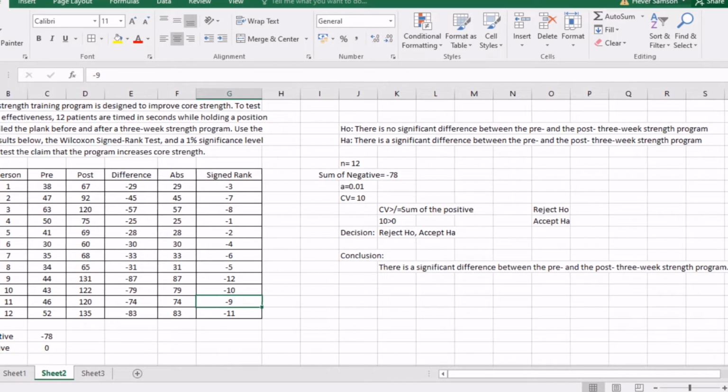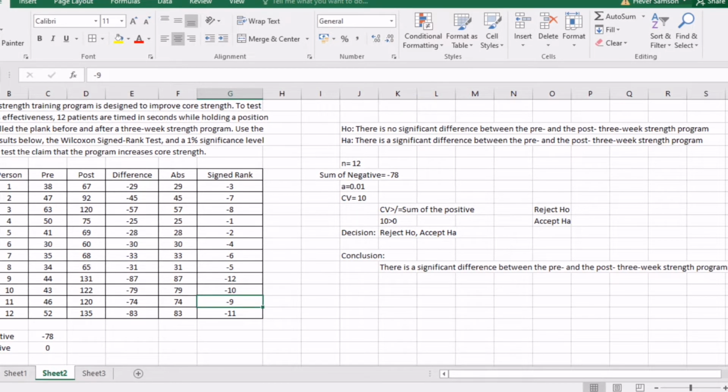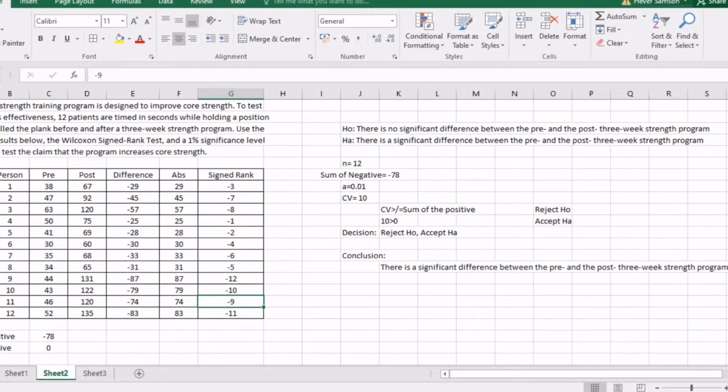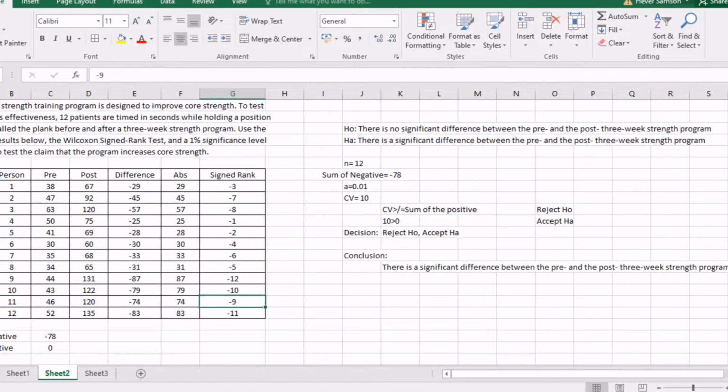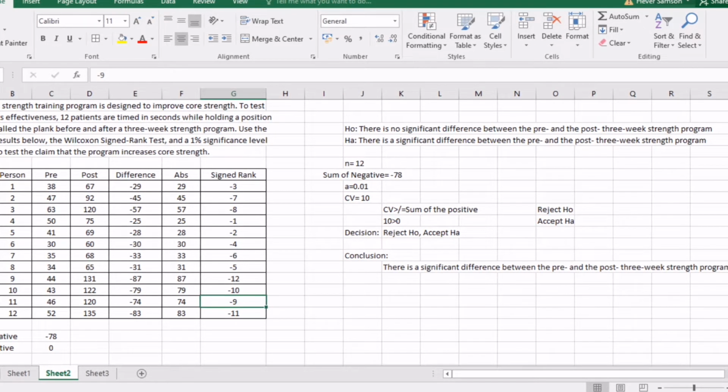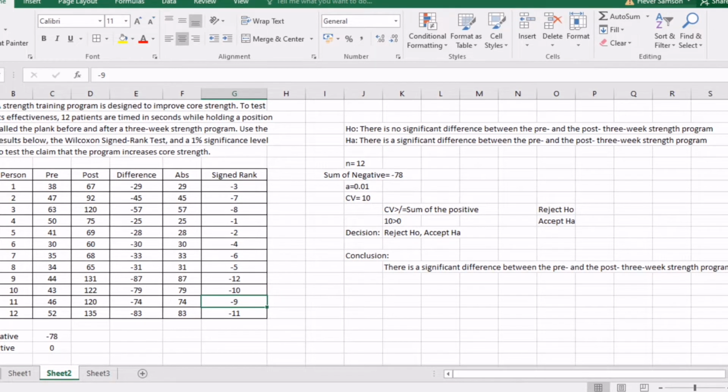Then we will get the absolute value of these. When we say absolute value, we just take its value without the positive or negative sign. Now we have 29, 45, 57.